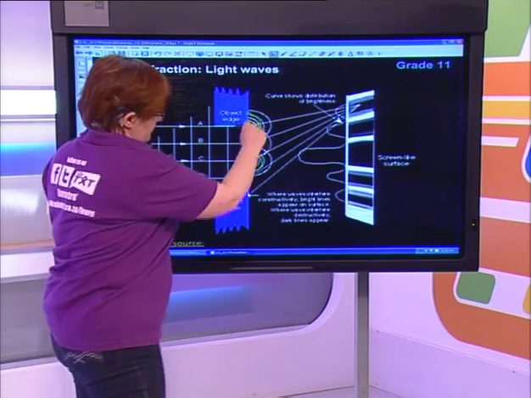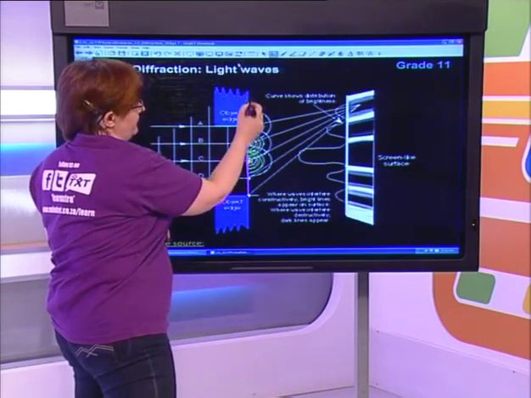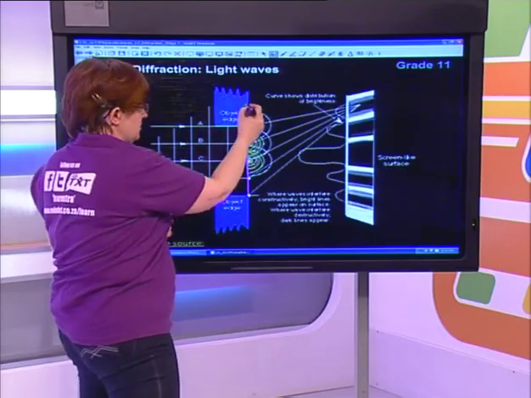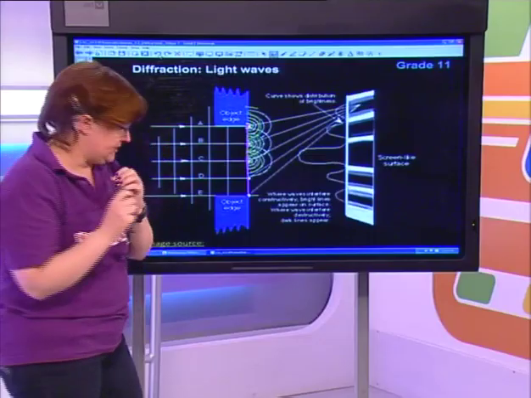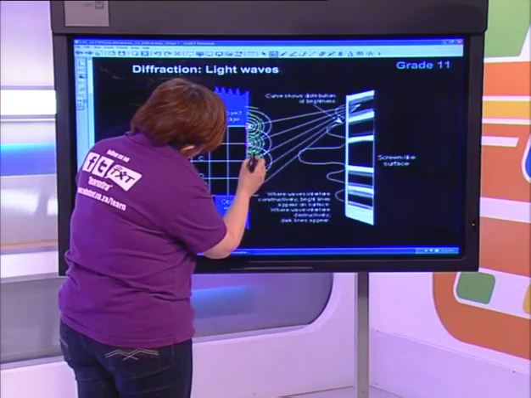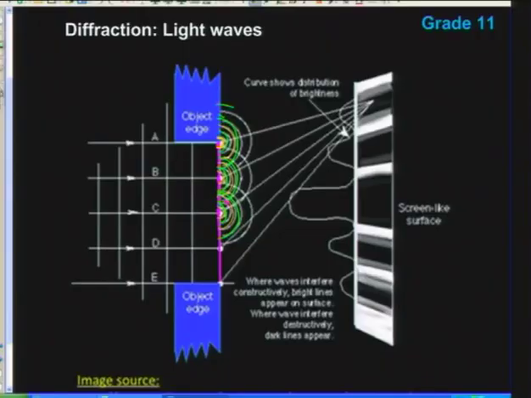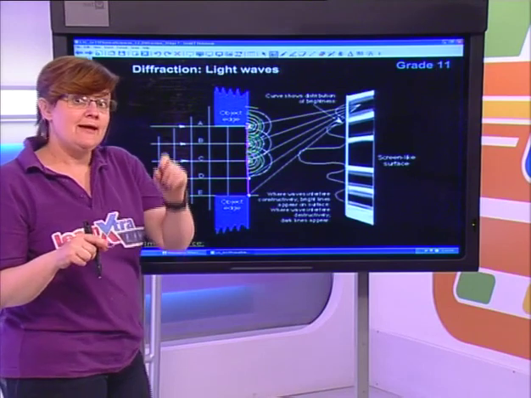As the wave, now remember my wave front will bend, let's do it in purple, the whole wave front, if I had to draw it, would bend like this eventually, around here, okay? I'm not worried about that. What I'm worried about is, as I look at my picture, hang on, wait. Over here, a crest is meeting a trough. What happens when a crest meets a trough?